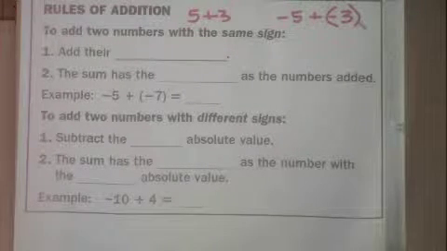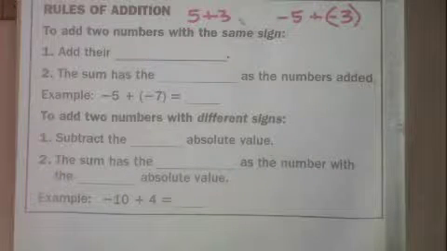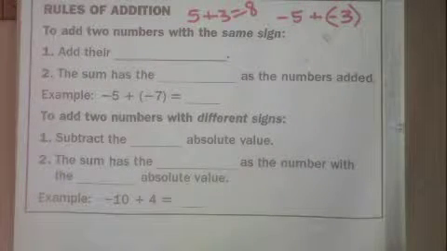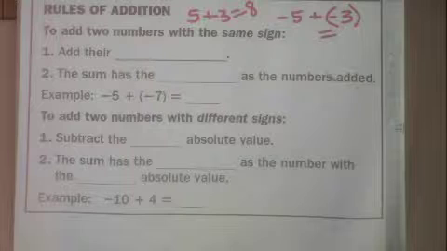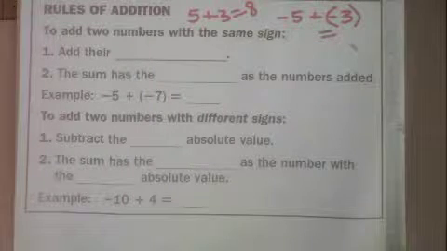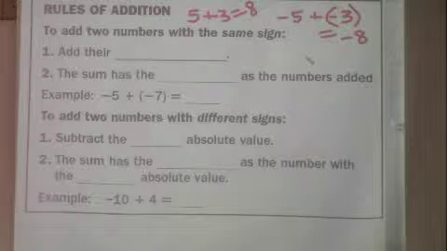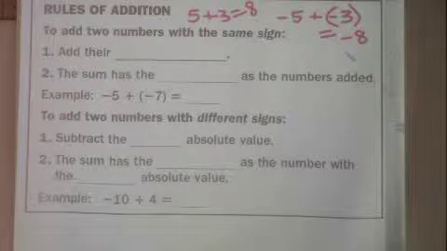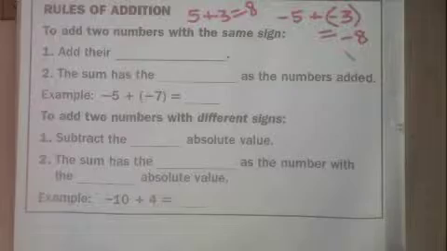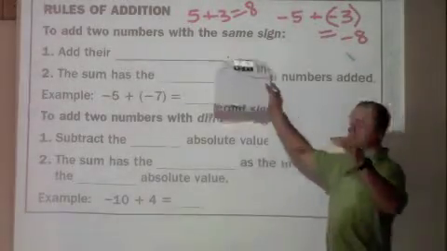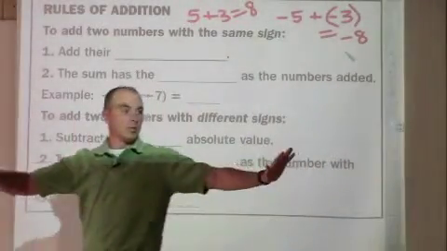Well, 2 positives are always a positive. 2 negatives are always a negative. And then a positive and a negative could be either one. Depends on which one's bigger, right? So what we have are these rules of addition that can clarify it no matter what.